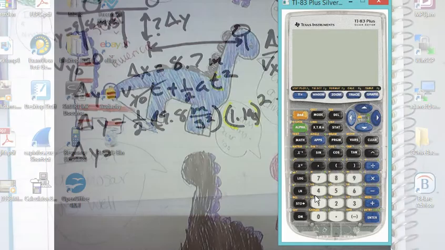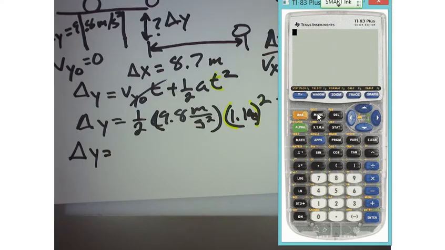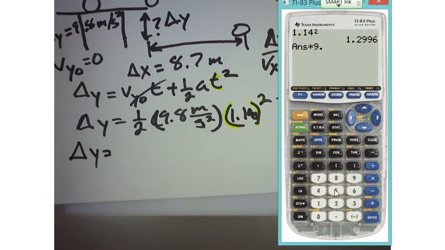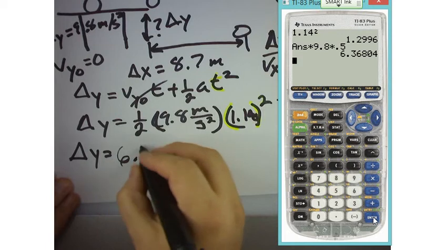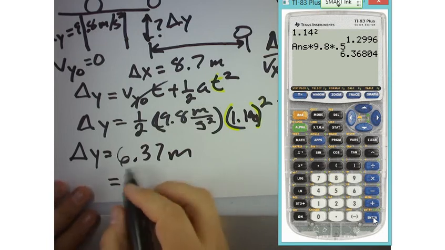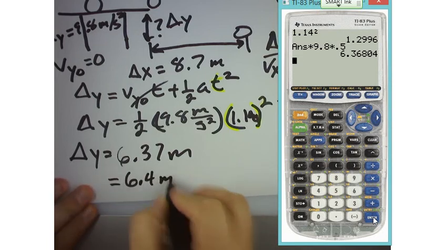So I'm going to say 1.14 squared times, now why did I do that first, guys? Please excuse my dear Aunt Sally, I always do the exponents first, right? Times 9.8 times, I'm going to say 0.5, we could do that. So 6.37 meters. Actually, we should probably say 6.4 meters.